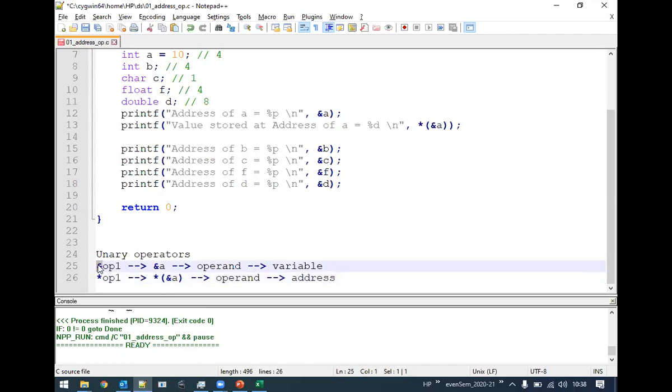For ampersand it is a variable, and for star it is an address. If you know this one, then learning pointers will be very easy. Ampersand operand is variable, star operand is address. Remember these things.